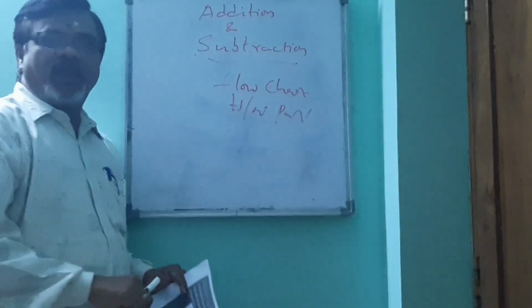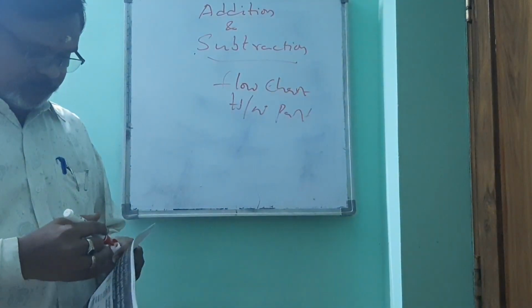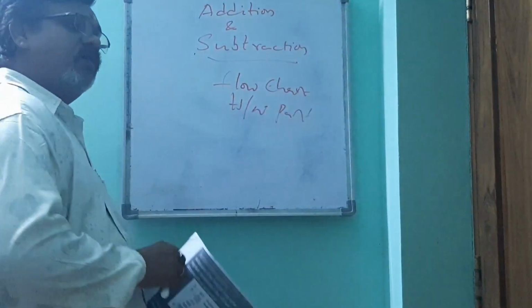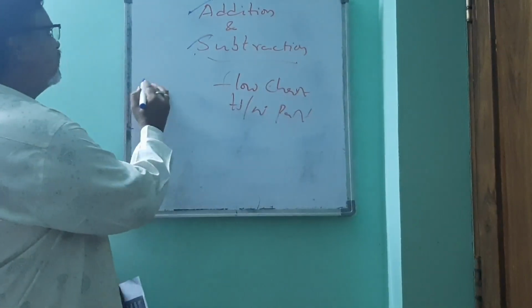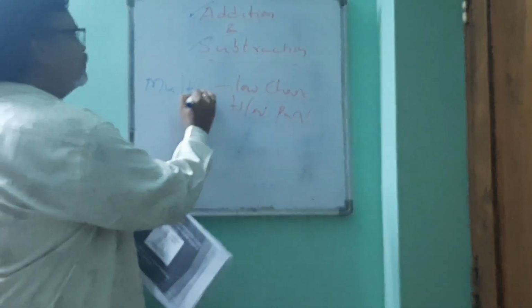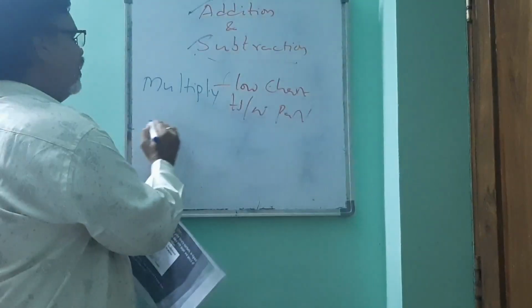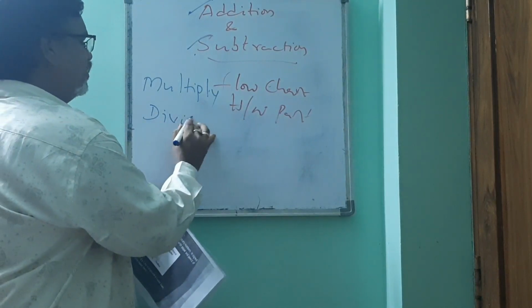After that, in the arithmetic operations, the remaining two arithmetic operations after completion of addition and subtraction are multiplication and division.